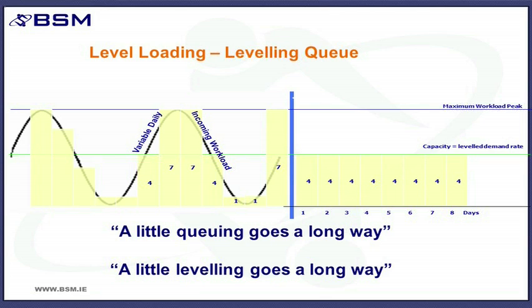In other words, it's quite rare actually to be able to achieve complete leveling. In fact, it almost never happens. And sometimes, despite your best efforts, you're still quite a long way from achieving actual leveling. But the fact that you're more level than you were is very valuable. So any improvement in leveling helps you. And a little queuing and a little leveling go a very long way.